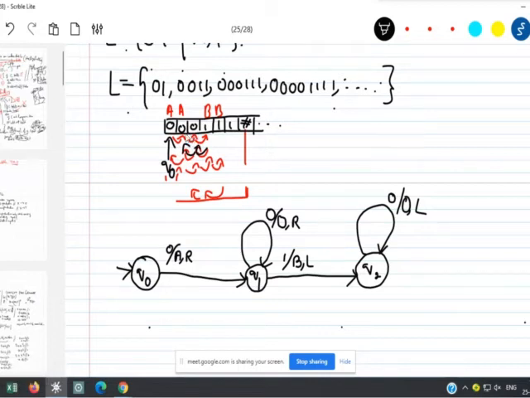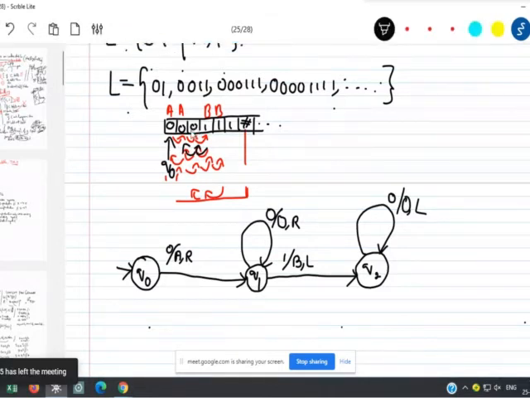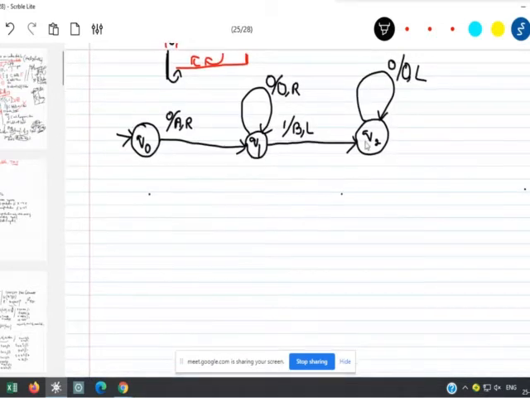As I keep moving towards the left side, I'm not disturbing the 0s, including the third one, the second 0, and the first 0. The next one I'm going to find is the symbol capital A, because I have already replaced that 0 by capital A. Once I find this capital A, I start moving towards the right side immediately.